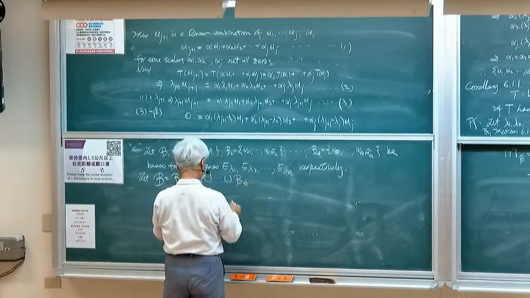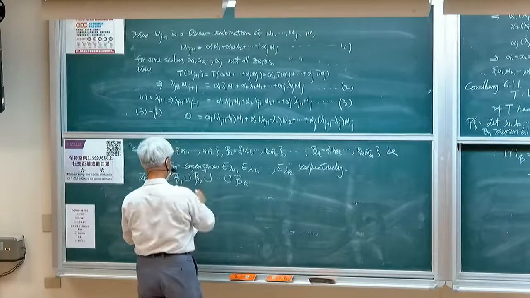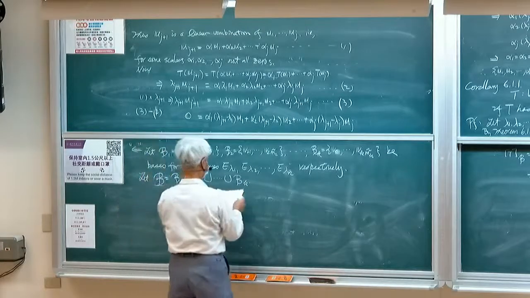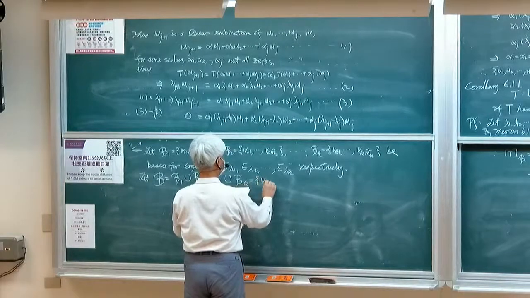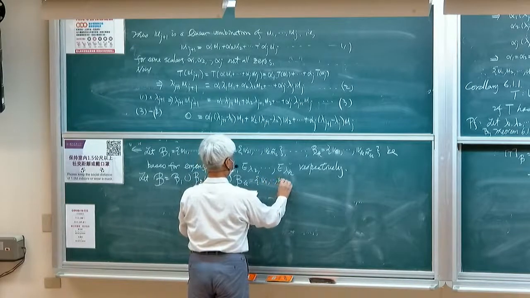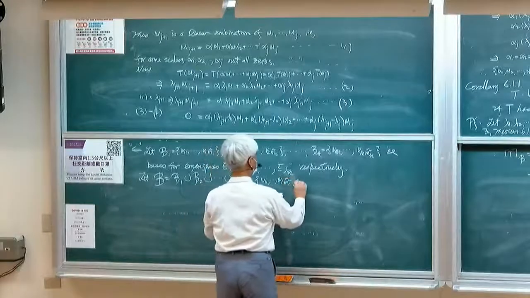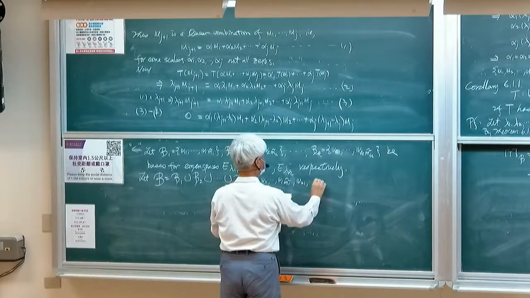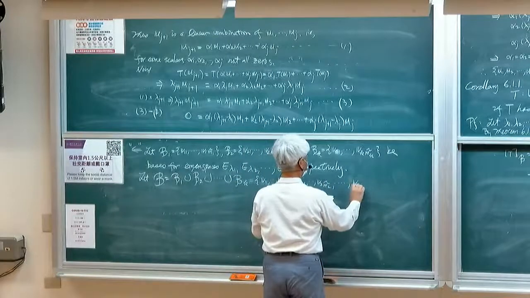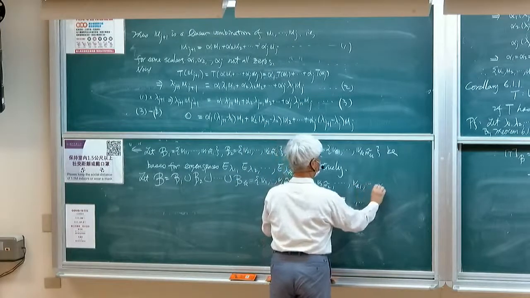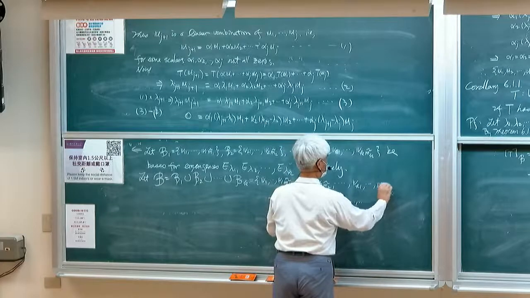That is V11 up to V1 M1 tilde, V21 up to V2 M2 tilde, VK1 up to VK MK tilde.